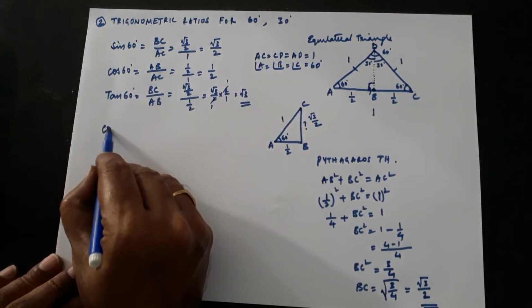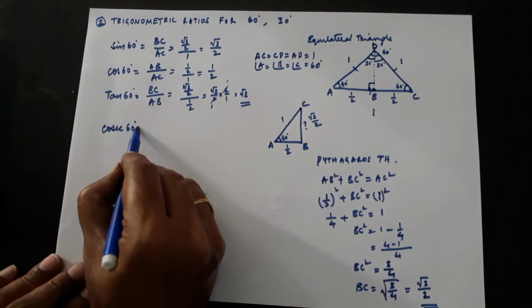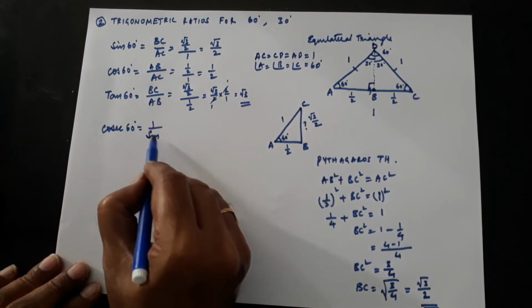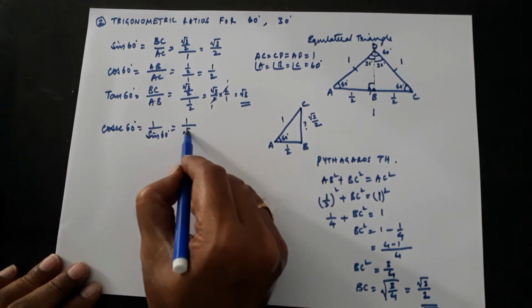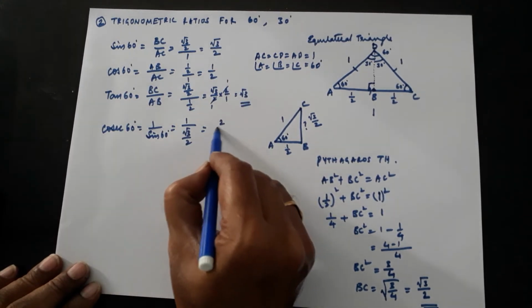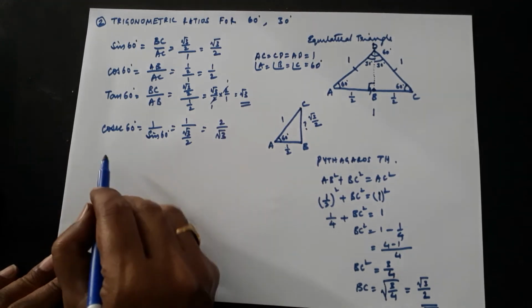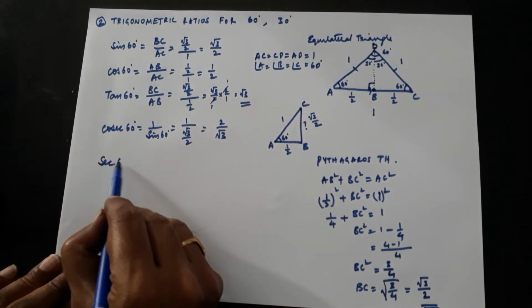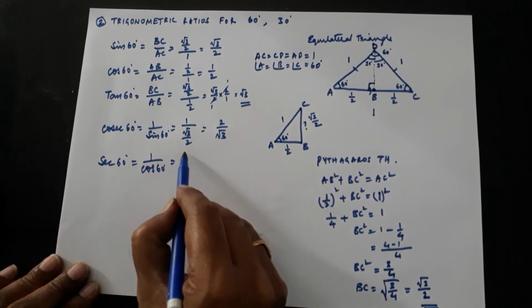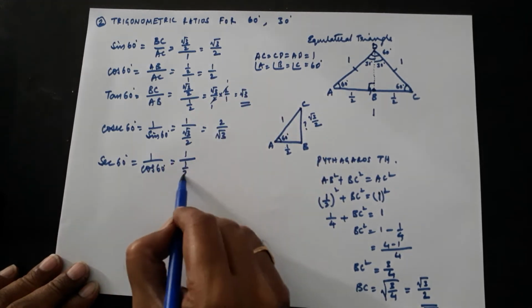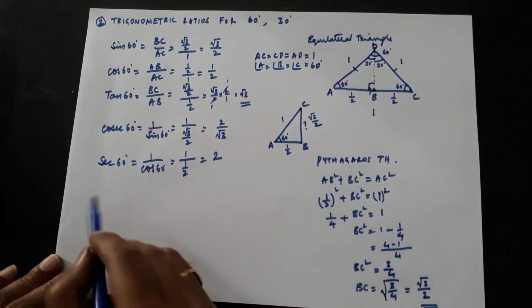Similarly we can find cosec 60 equal to 1 by sine 60. Sine 60 is root 3 by 2. So this will be 1 by root 3 by 2, which is 2 by root 3. And secant 60 is 1 by cos 60. 1 by 1 by 2, which is 2.